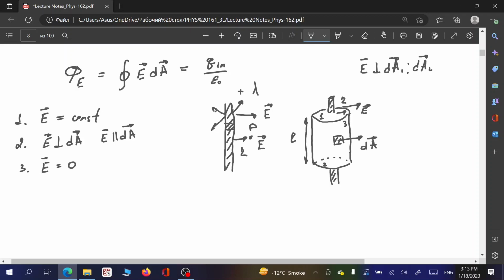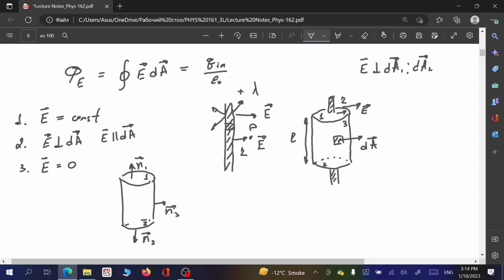Let's say we have a cylinder. So this is the normal unit vector N1 to surface 1. Here is surface 2, and this is the N2 unit vector. And here we have the N3 unit vector.